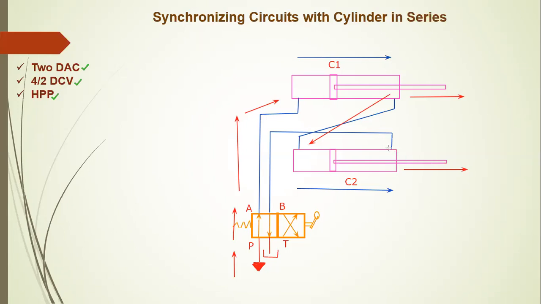The excess oil from the second cylinder goes out of the cylinder and returns into the hydraulic tank. This is the working process of cylinders connected in series. Here no flow divider is required because the cylinders are connected in series. That's the complete drawing of the synchronizing circuit with cylinders in a series connection.